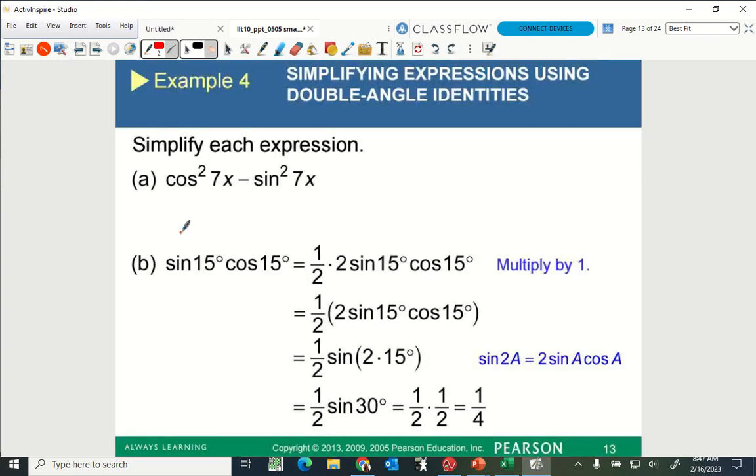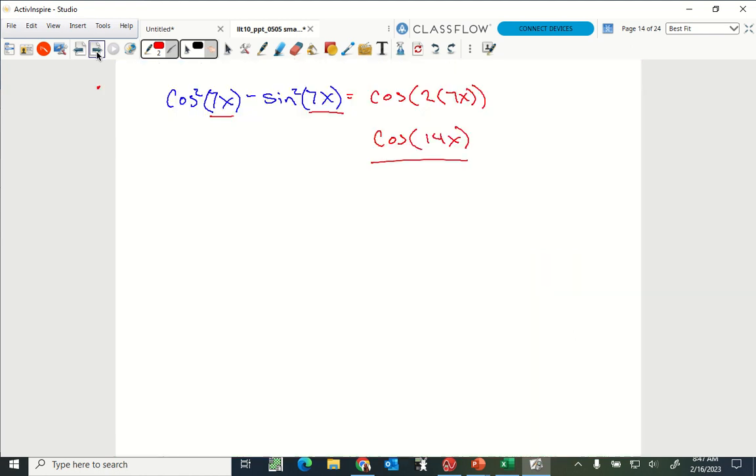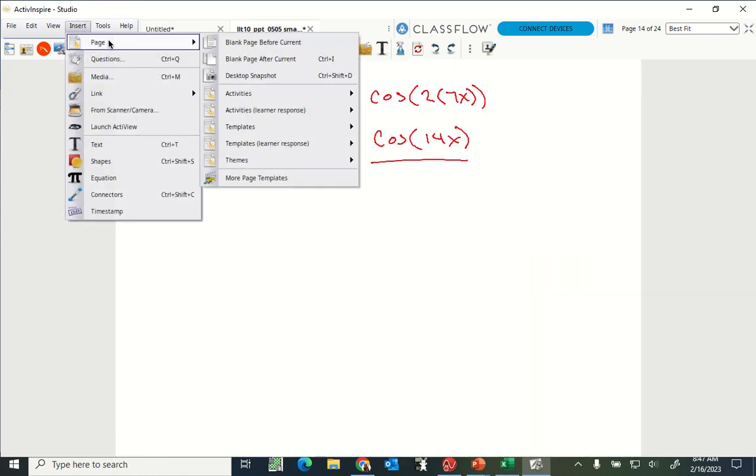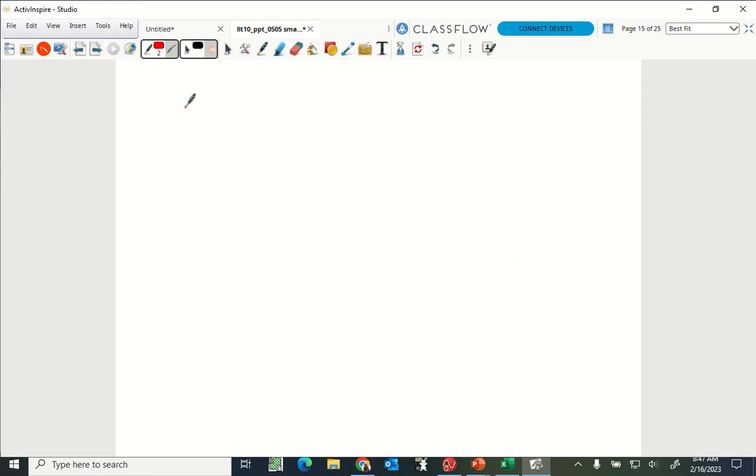All right. Sine 15, cosine 15. Now, this is almost like my formula, isn't it? It's almost like the formula.